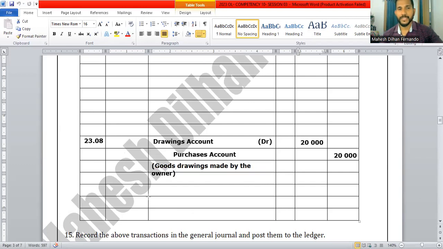And after that, separate the transaction with a line in the description column. Right. Drawings account debit, purchases account credit.